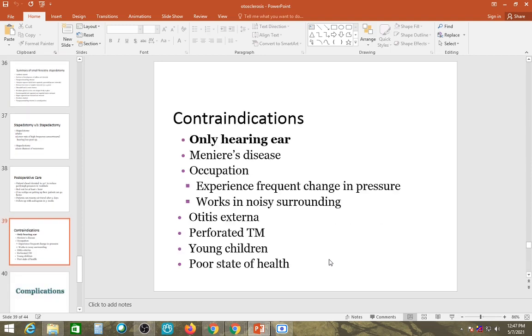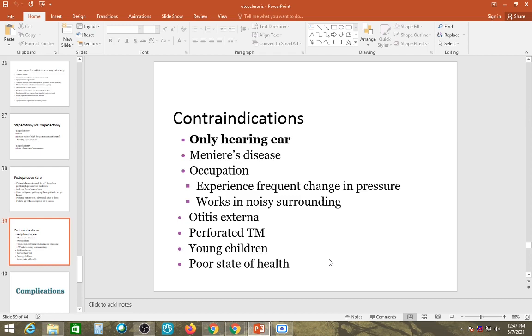Then contraindications. Since we discussed what the contraindications are, what do you understand now? Contraindication for the surgery or contraindication for the medication?